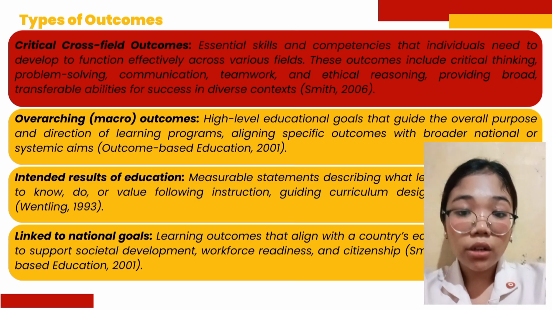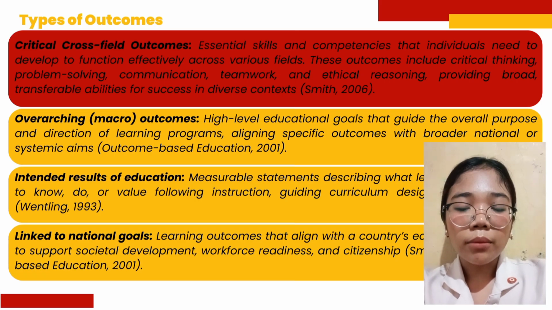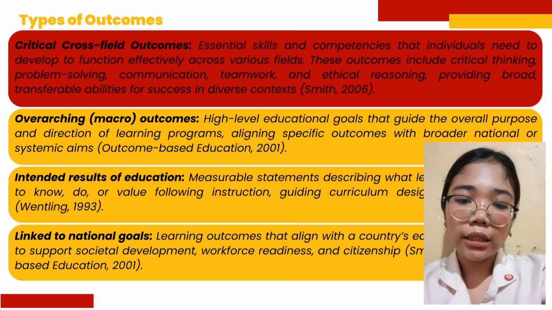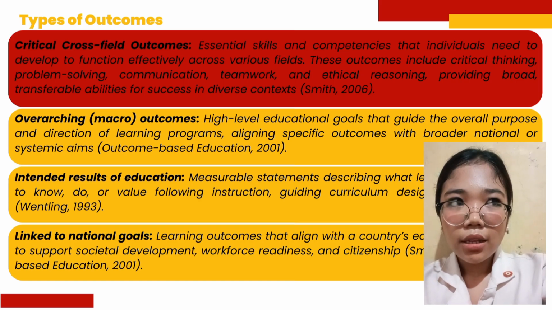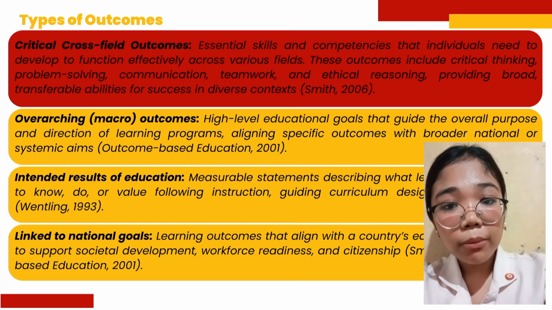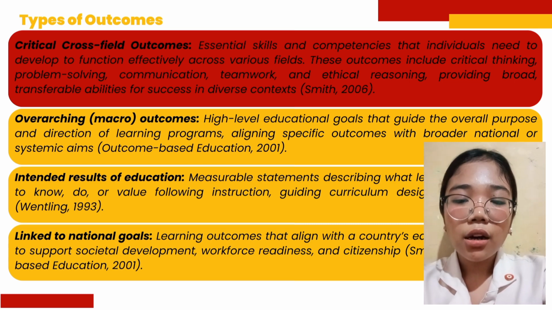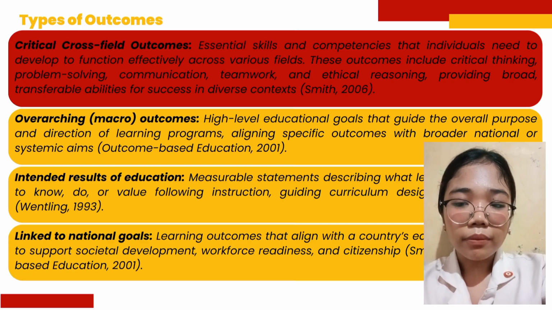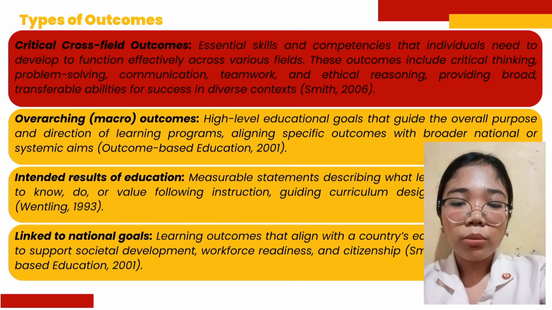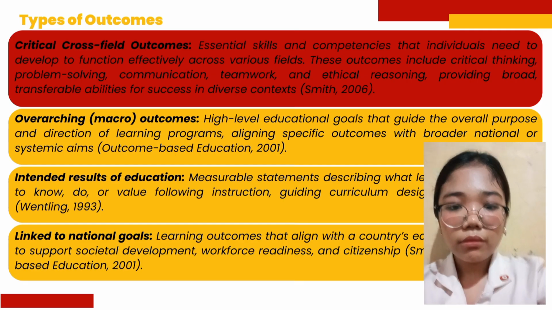So, critical cross-field outcomes are the key skills people need to work well in different areas of life, and of course, jobs, like thinking clearly, solving problems, communicating, working with others, and making good ethical choices. This outcome helps individuals succeed in various situations.